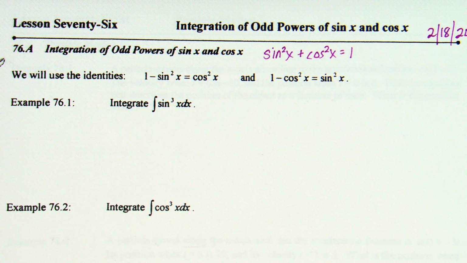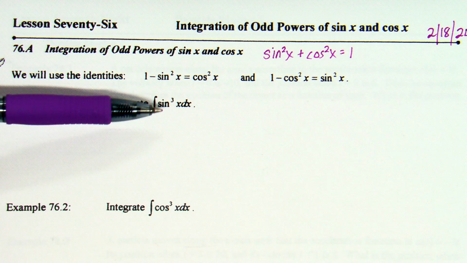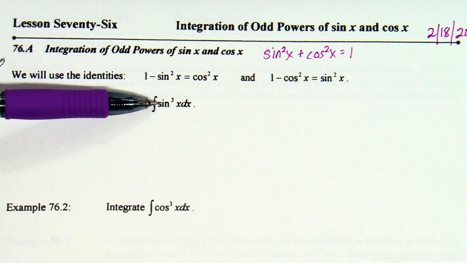So example 1, the integral of sine cubed x dx. If we looked at this right now, an integral of something to the third is something to the fourth. However, the problem with this one is because it's a sine, we would do that chain rule, we'd have the cosine in there, and that's not covered here.